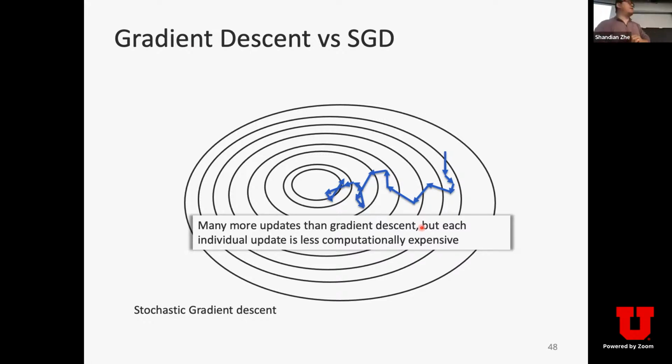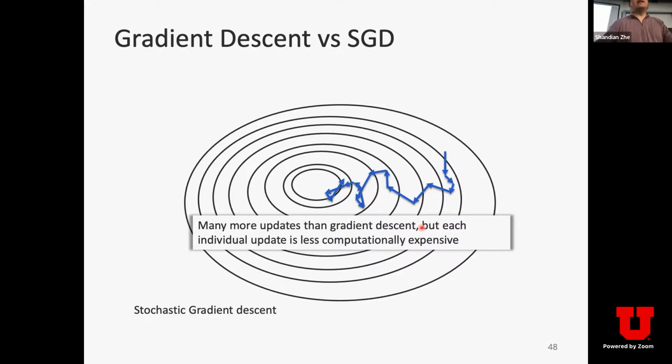So in practice, there is some kind of trade-off. If you have a huge number of training examples, getting one correct direction using gradient descent will be much, much more expensive. Then you just pick one or two examples to get a random gradient.